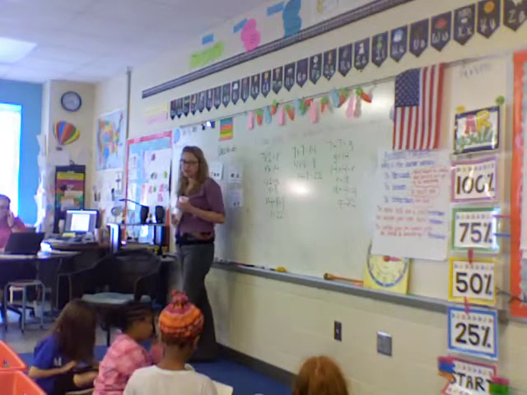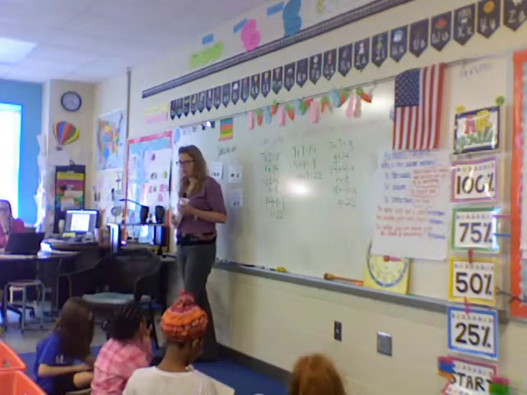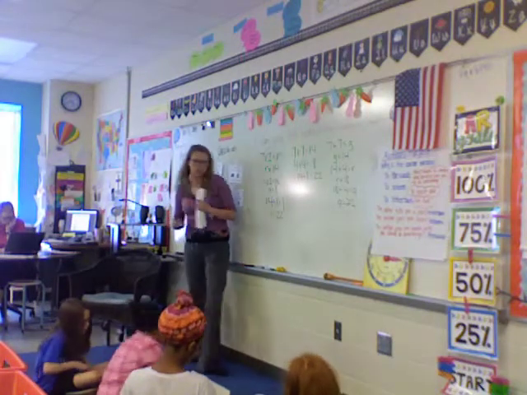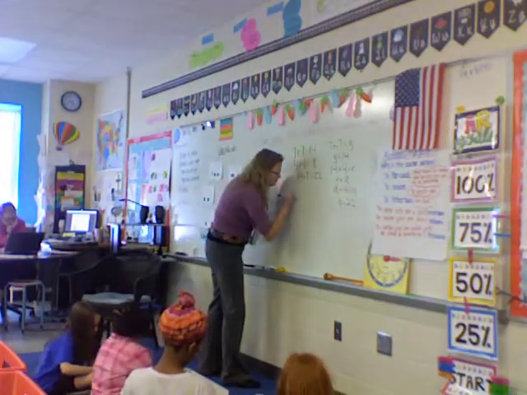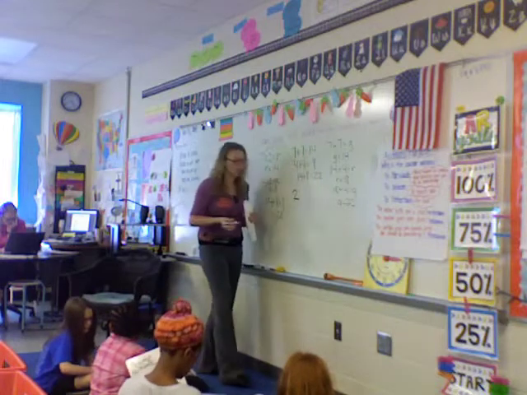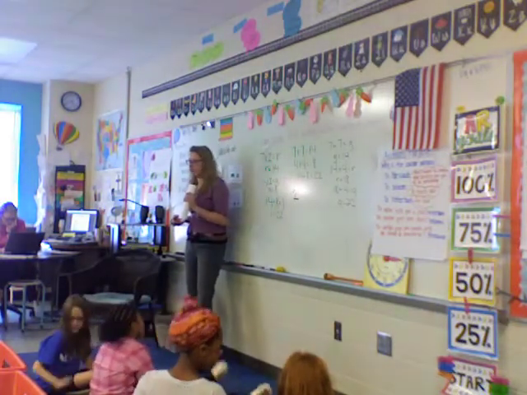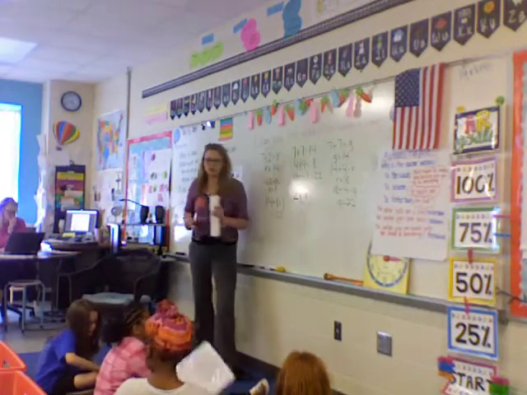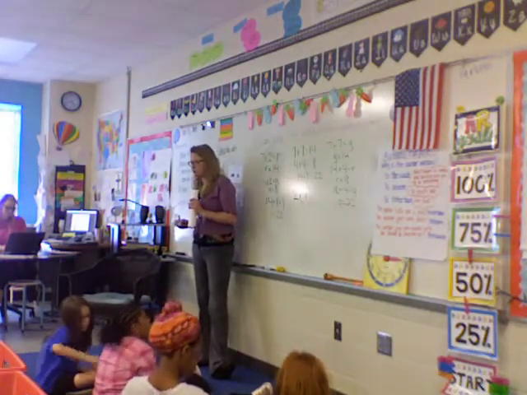How many adult tickets do we need? 2. Okay. How many children's tickets do we need? 2. Okay. How much are adult tickets? How much do they cost? 7. Okay. And how much do children's tickets cost? 4.